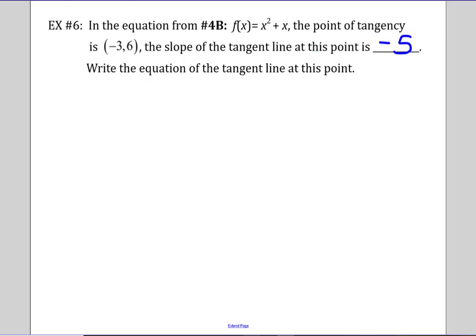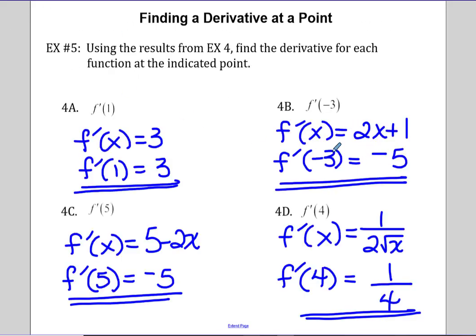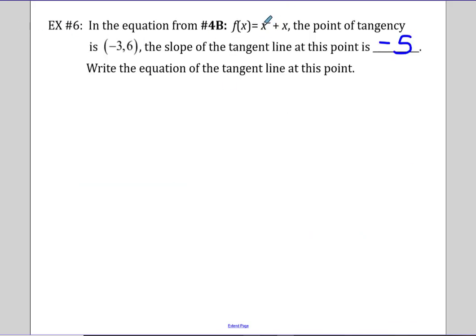Is that right for 4b? Yes, negative 3. So we had the slope of negative 5. And you can tell this is negative 3 squared plus negative 3. So 9 minus 3 is 6. So when x is negative 3, y is 6. Just so you know where that came from.